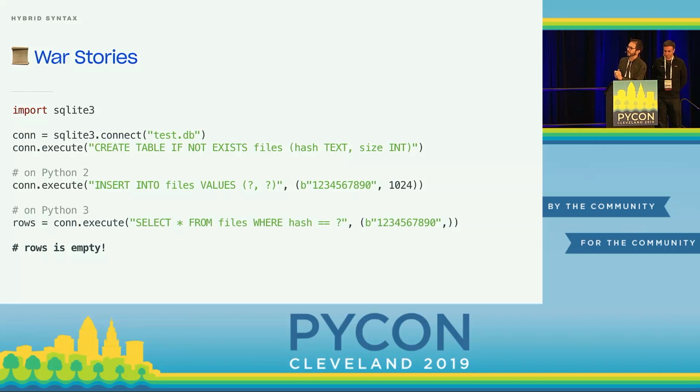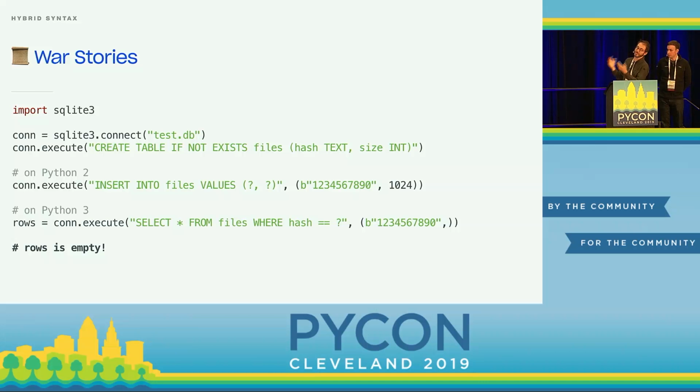You've got a database with a table that basically has a bunch of hash and size. The idea is you want to know the size of a file, and you compute the hash of the file, and you get its size. That's simple. On Python 2, you compute the hash of the file, you put its size, and you just insert that in SQLite. And then back on Python 3, you execute a query where you basically bind the hash and hope to get the size back.